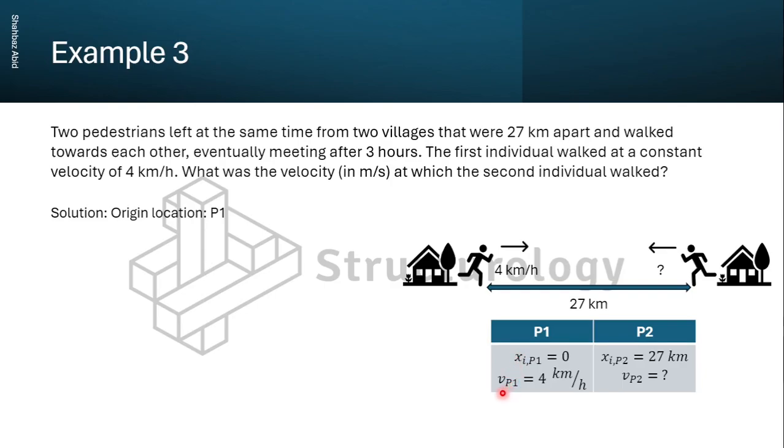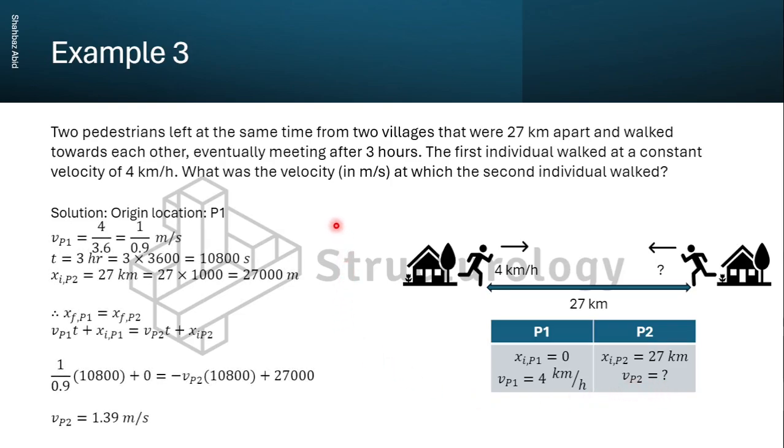The velocity of P1 is equal to 4 kilometers per hour, positive value because it is moving in the positive x direction. Whereas initial position of P2 is equal to 27 kilometers, positive value because it is on the right side of the origin, which means on the positive x axis, whereas the velocity of P2 is unknown.